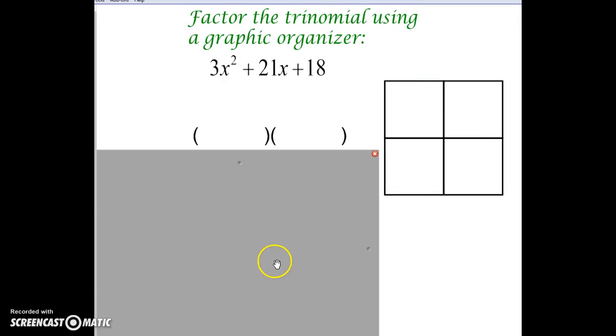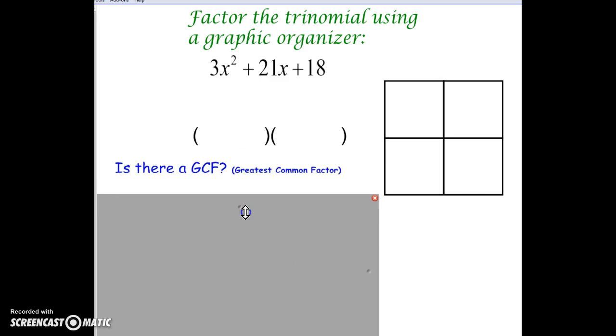The next one. So for this one, we need to first think if there's a greatest common factor, which there is. All of these are divisible by 3. So if I take out the 3, then I'm left with x squared plus 7x plus 6.